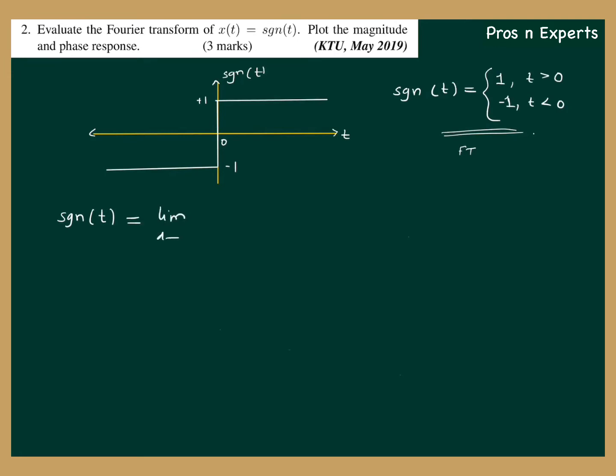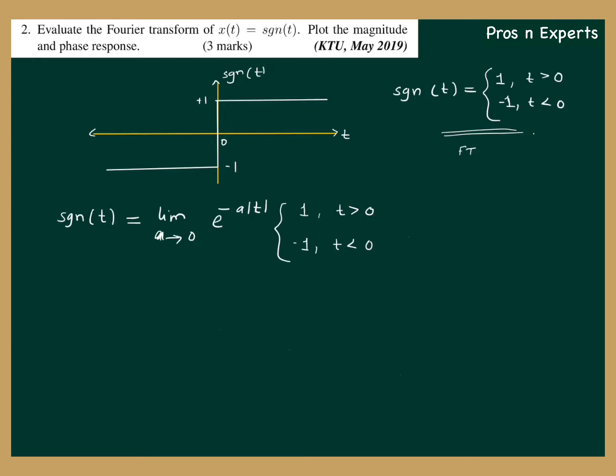Limit a tends to 0, e raised to minus a mod t into 1 for t positive and minus 1 for t negative. Will I change anything from the definition of signum of t? Can I write or equate signum of t as this? The actual definition was this one, but I have introduced something extra here, multiplied something extra here.